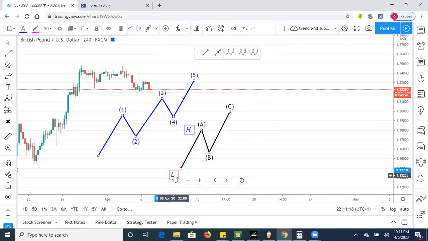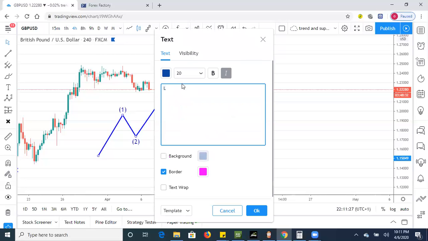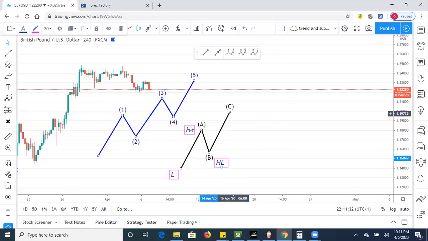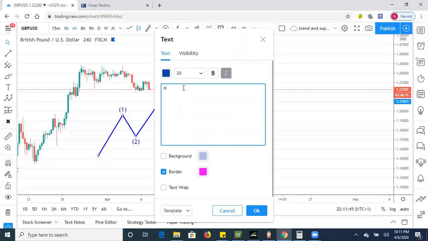So we call this point a higher low, right? So you have a higher low here. Point C is actually higher than point A. So that gives us a higher high right there. We have a higher high.